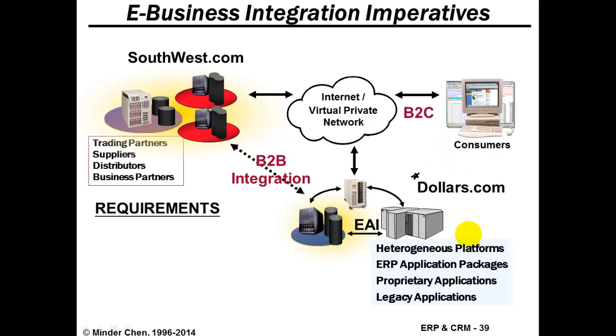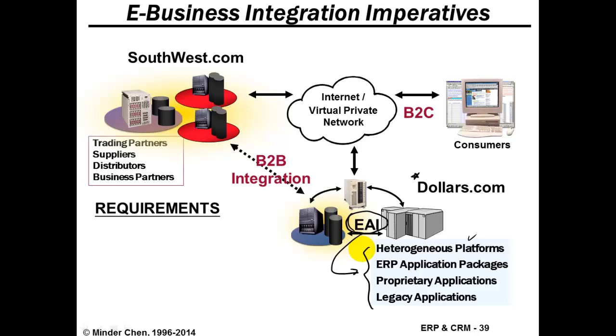It runs on heterogeneous platforms and uses some kind of ERP packages, plus their own proprietary applications and some legacy systems. All those systems may need to be internally integrated, which will be an enterprise application integration kind of solution to tie different systems together.